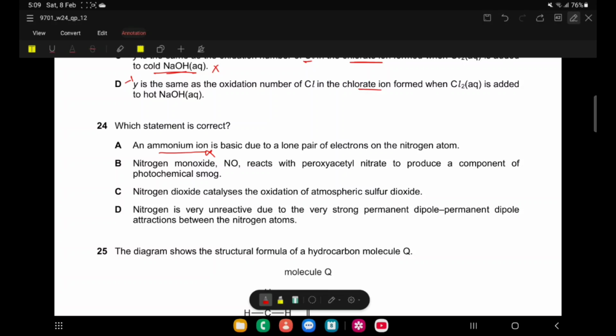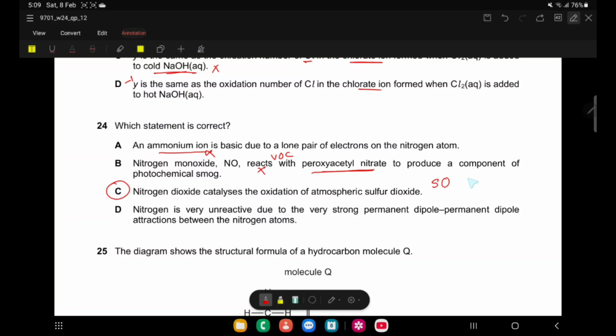Second one is nitrogen monoxide reacts with peroxyacetyl nitrate to produce a component of photochemical smog. This is also wrong, because NO does not react with peroxyacetyl nitrate. NO reacts with VOCs, volatile organic compounds, to produce PAN, peroxyacetyl nitrate. Third one is nitrogen dioxide catalyzes the oxidation of atmospheric sulfur dioxide.